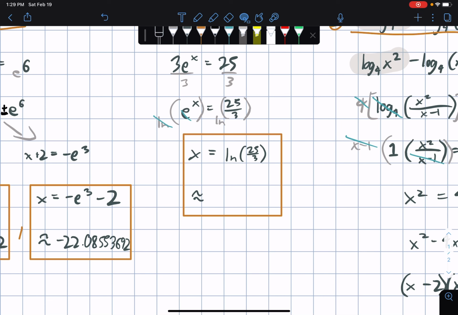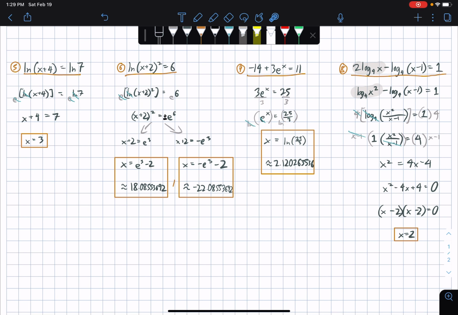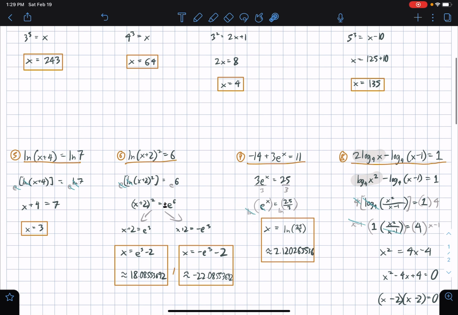I'm not sure how or why, but please correct me if I'm wrong. I'll just place the approximation here. 2.120263536. So yeah, that's it. Please rely on this answer more than the decimal. The decimal may be wrong, but yeah. Please understand or study at your own risk.